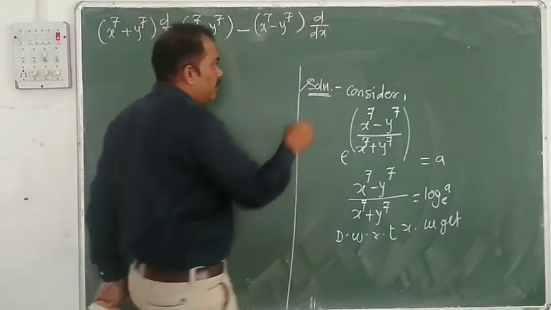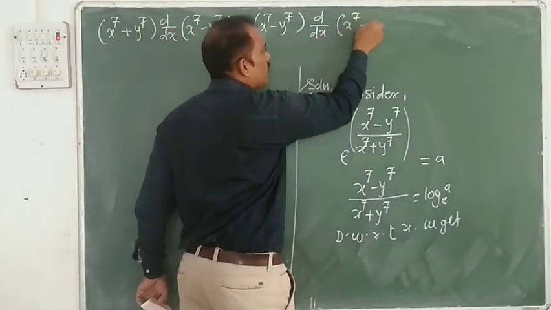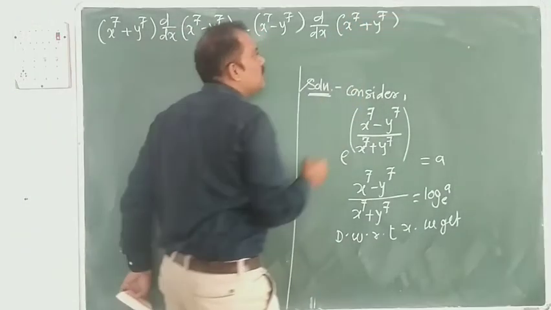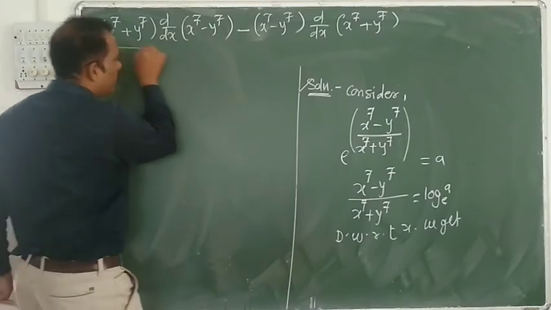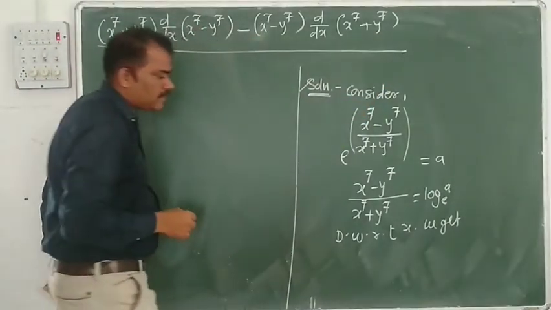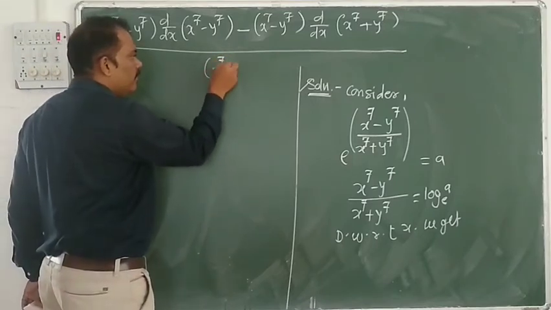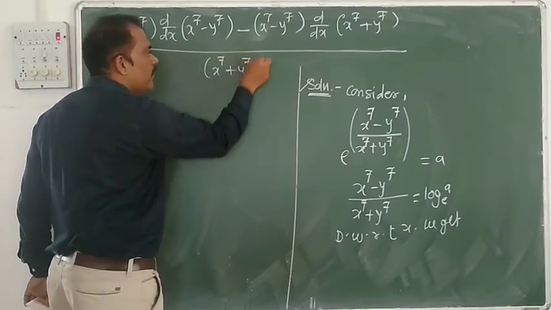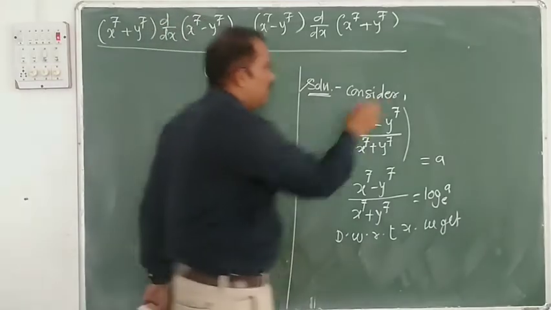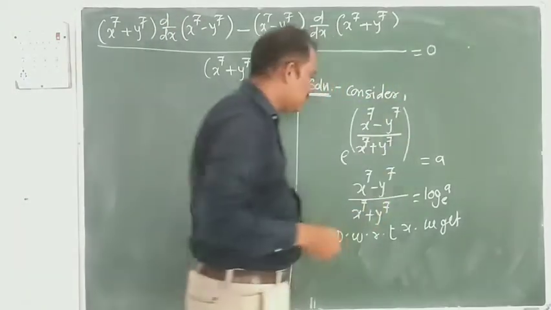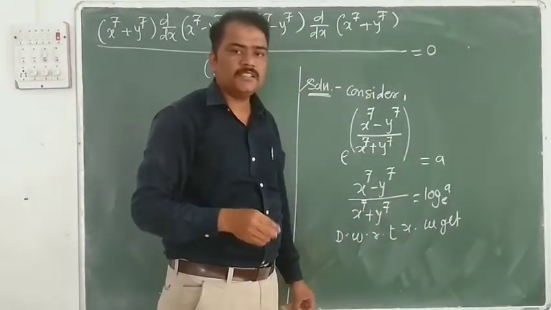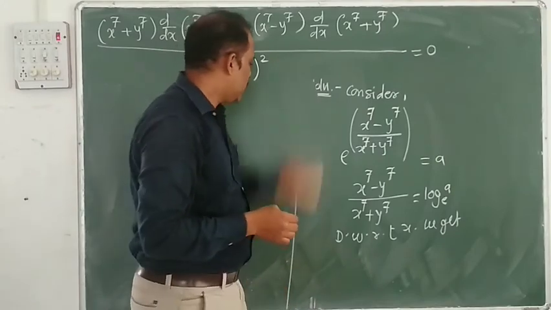What is the denominator? x^7 + y^7, divided by denominator square according to the quotient rule, so (x^7 + y^7)^2, is equal to 0, because log of A to the base e is a constant, so this derivative is 0.